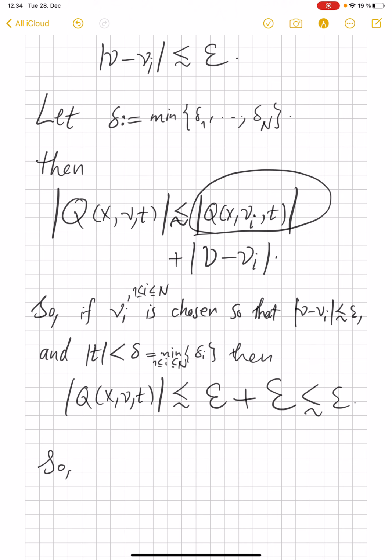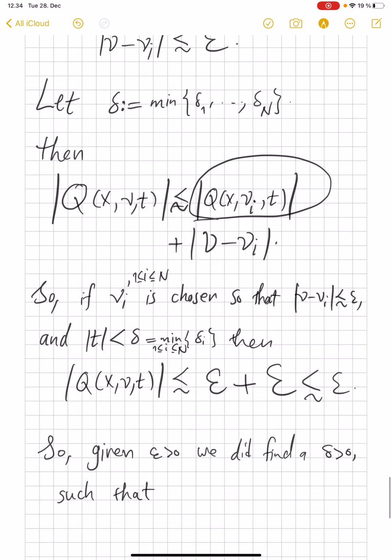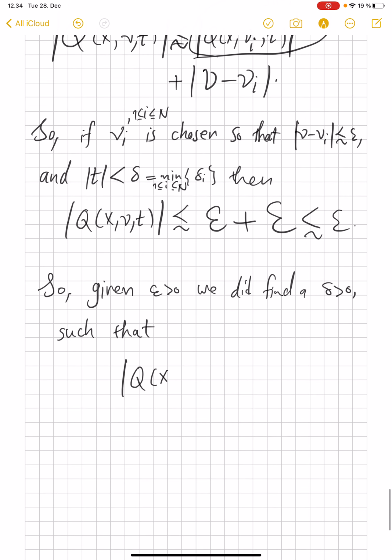So, given epsilon positive, we did find a delta positive such that the absolute value of Q(x, v, t) is less than epsilon. Of course, if you write out the proof with the constants and things, you can exactly get epsilon without the wiggly less than or equal to sign.